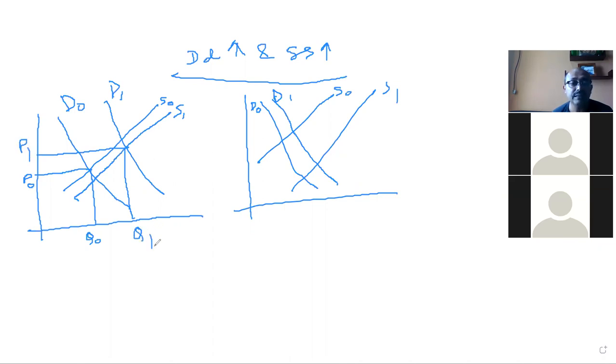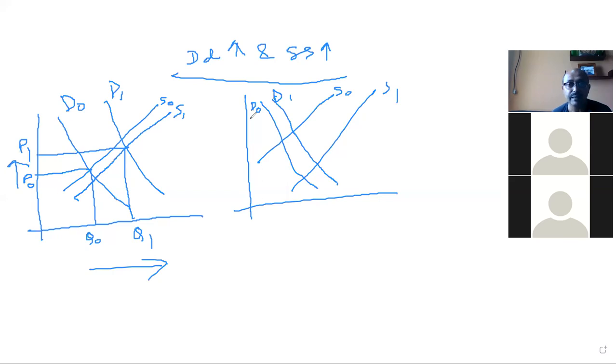Both demand and supply are increasing, so it is a case of expansion of market. Quantity will go up, and price is moving up.